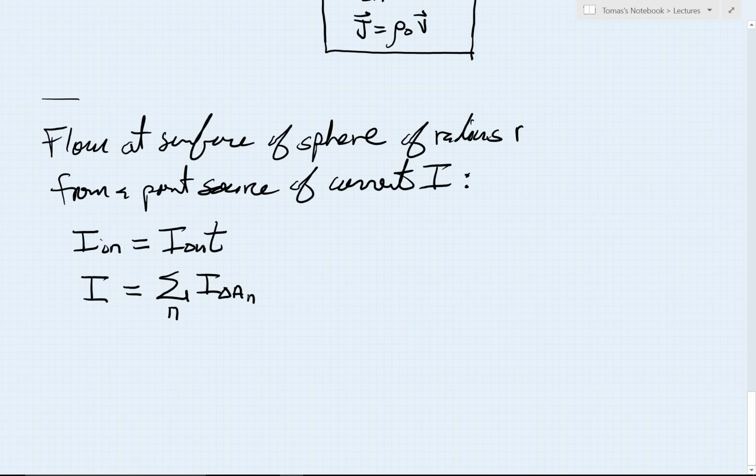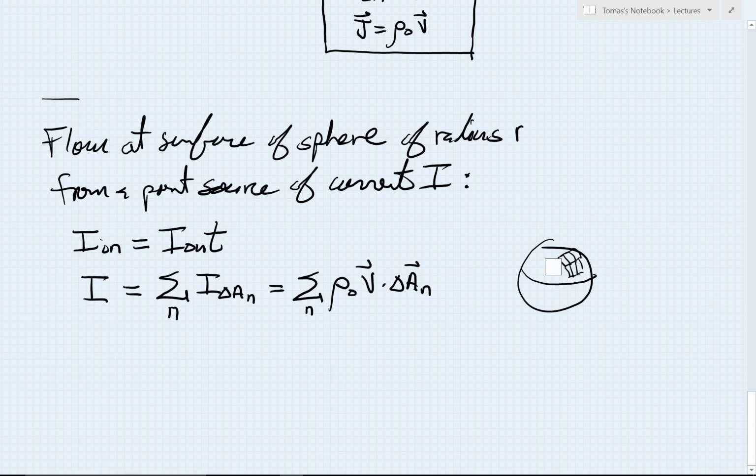Each patch we've just determined has an amount of flow equal to rho naught times the velocity at the location of that patch, dotted with the area vector for that patch. So we're taking the surface of this sphere, dividing it into many, many tiny patches, and adding up the flow across each and every one of those patches until we've covered the entire sphere.